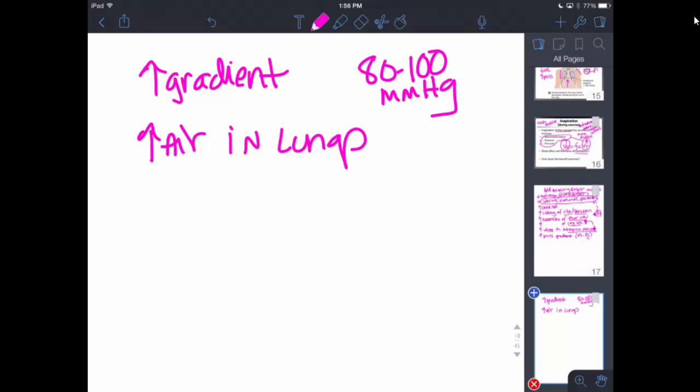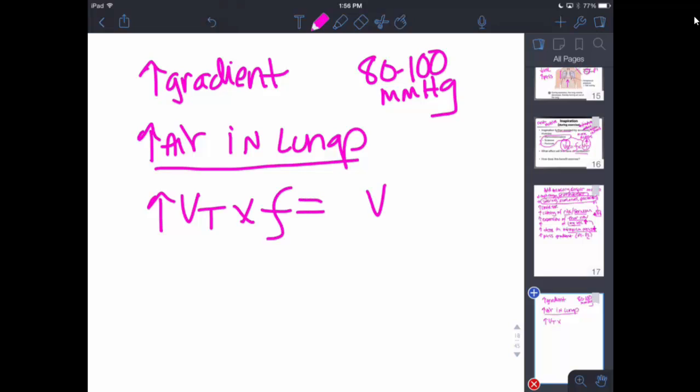Okay. And more air into the lungs means greater tidal volume. Right? Because tidal volume is the volume of air coming into the lungs with each breath. Okay. And if you have more tidal volume times frequency is ventilation, you're going to have more ventilation.